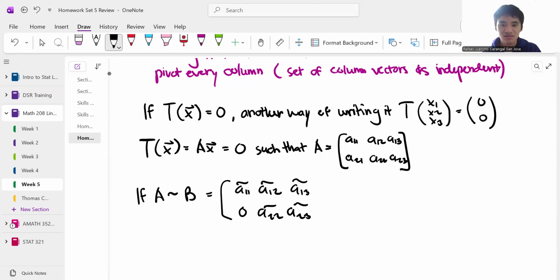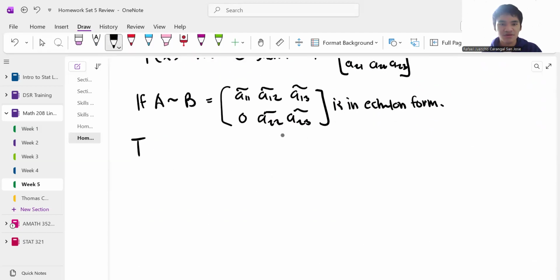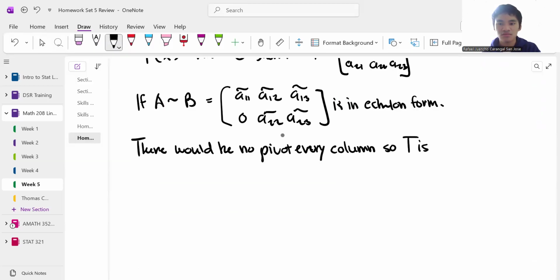This is in echelon form. There is no pivot in every column. So T is not 1 to 1.